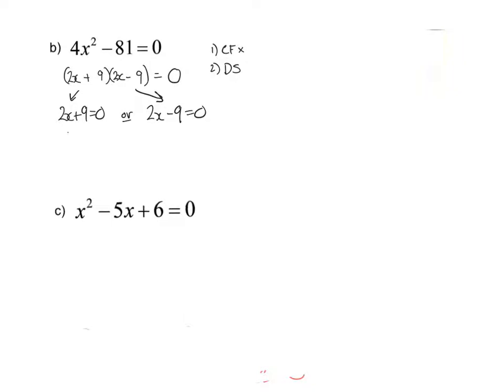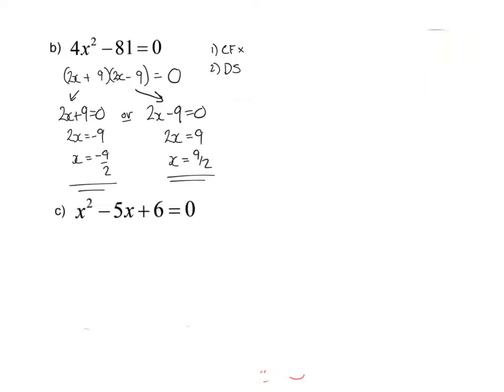So subtract 9 from both sides, 2x equals negative 9, divide both sides by 2, negative 9 over 2. It can be left like that as an improper fraction. Over here we have 2x minus 9 equals 0, so therefore adding 9 to both sides, 2x equals 9, dividing both sides by 2, x equals 9 over 2. And here we have our 2 solutions of this quadratic equation.